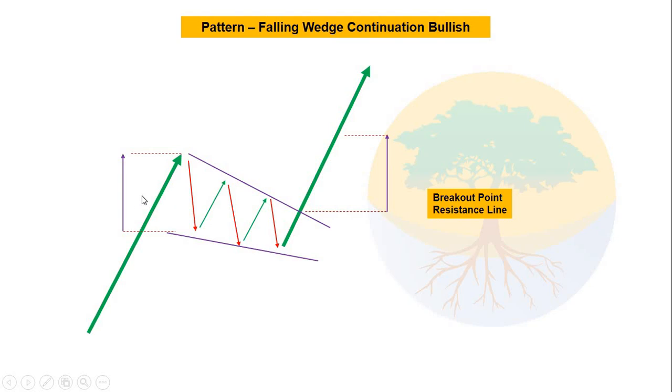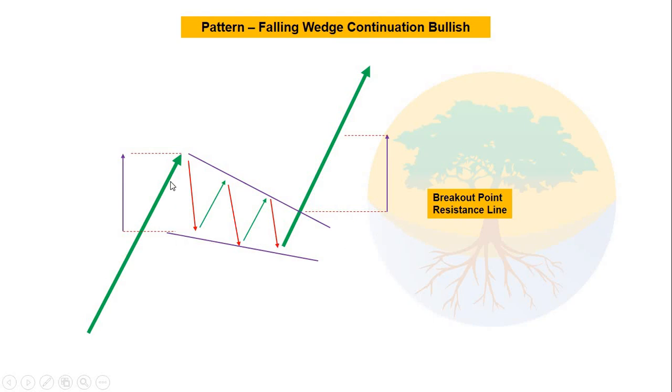In terms of setting a target, you can measure the distance from the point when the price rallied into the wedge, and then the price it rallied down and met the support level. So that distance is then projected at the point of wedge breakout to determine the amount or the size of the increase that the price is going to have from the breakout point.